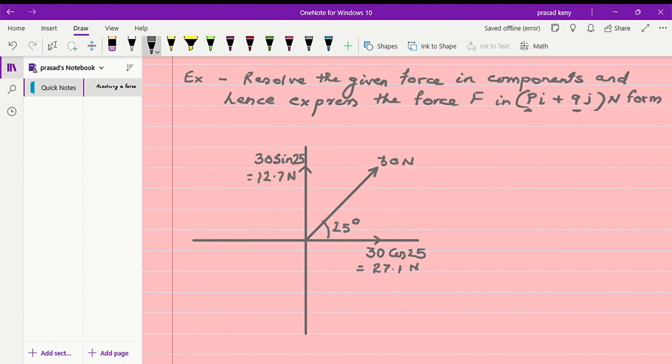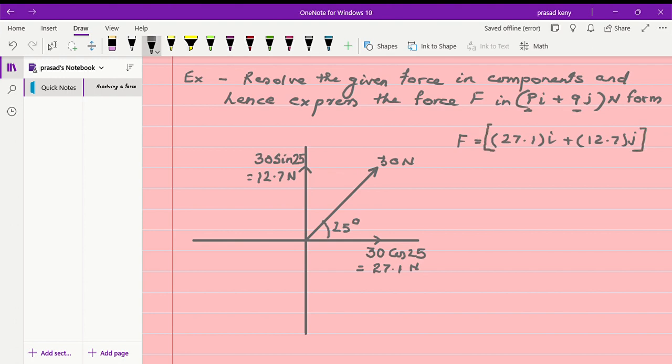So I can write F. Now see here, both x and y component are positive. So I will write F as 27.1 I plus 12.7 J Newton.